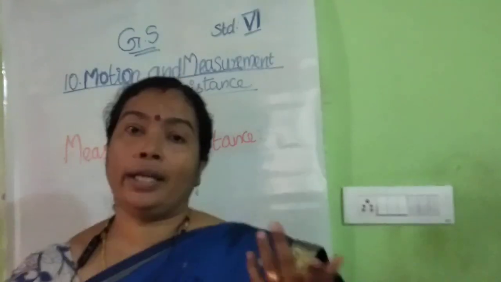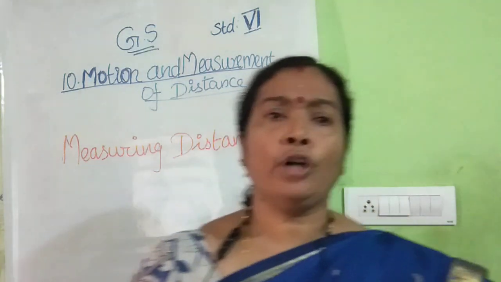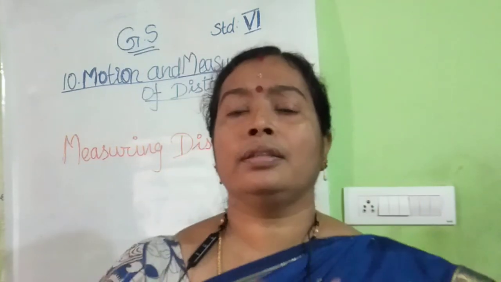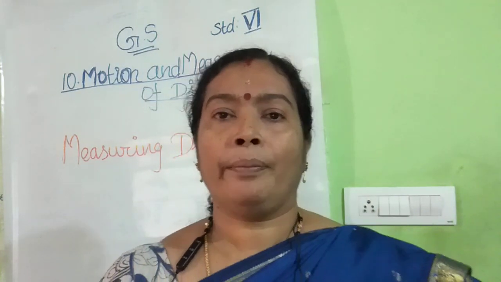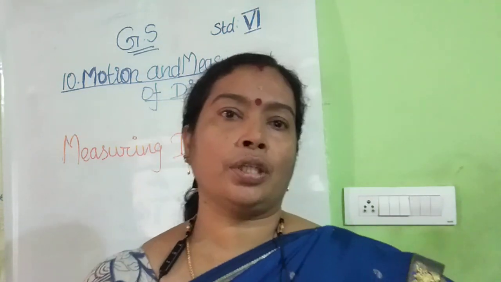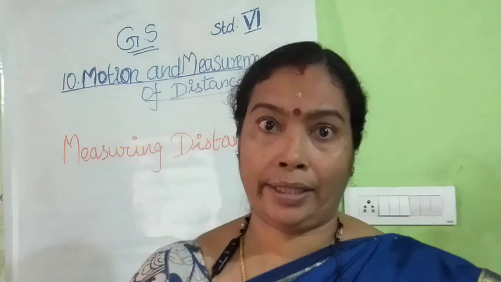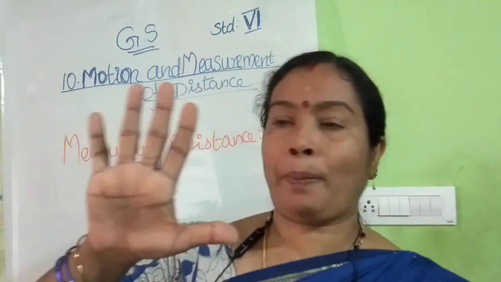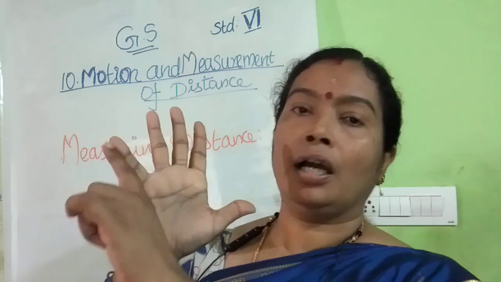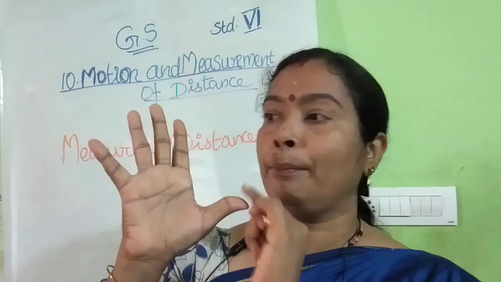So in olden days, for small distances, people used to measure the length using the hand span. Hand span means the distance from the thumb to the little finger.